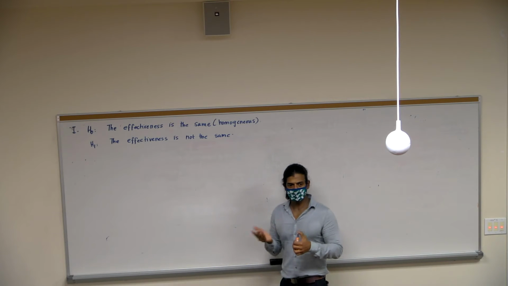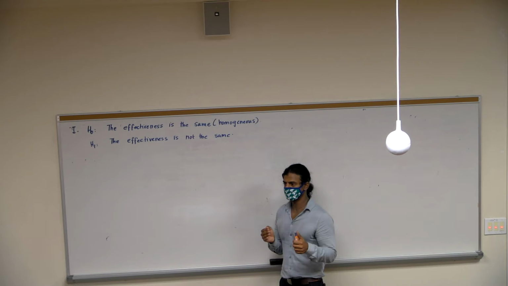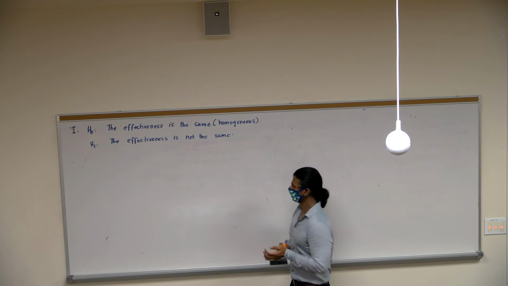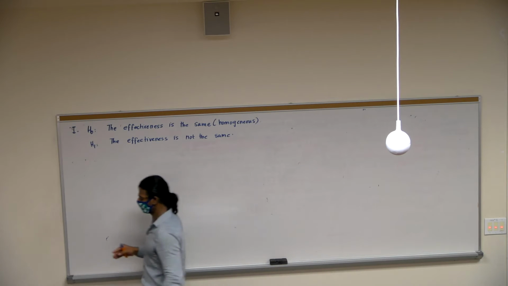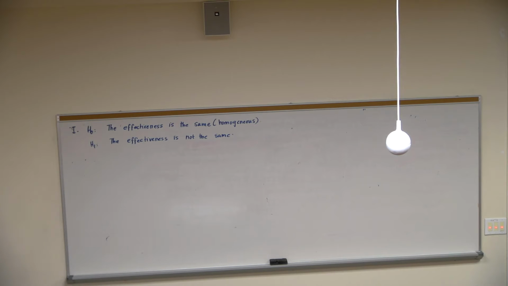Do you see why we call this a test for homogeneity? So if we reject the null, we will conclude that the effectiveness is not homogeneous across the two different types of therapy. In other words, it's heterogeneous.